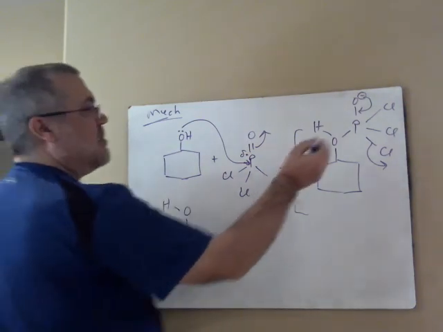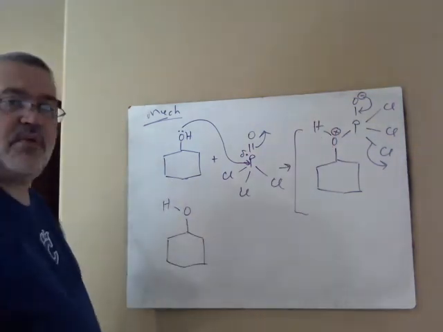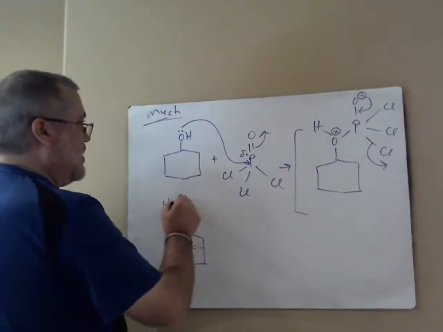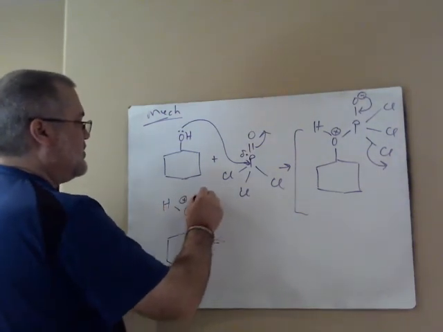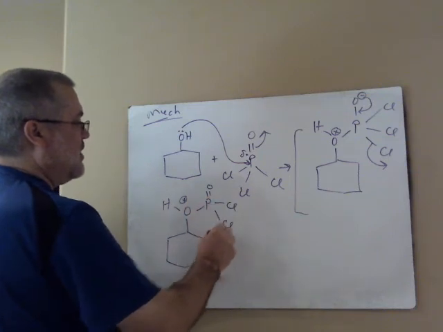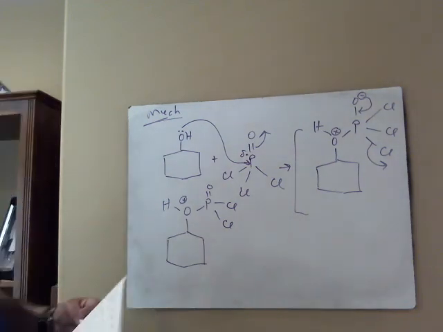And by the way, did anybody see that I left a plus off? Sorry. There's a plus on that oxygen. Okay, which is still there. So then now I have my phosphorus, but now I have a double bond O, and it's bound to my 2 chlorines. Okay, so does anybody see what's going to happen next?